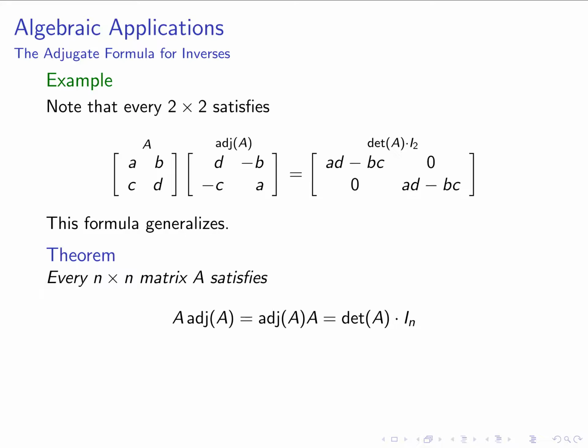Remember the notion of a non-singular matrix: a matrix that has an inverse. And inverses have the property that when we multiply a matrix by its inverse, we produce the identity matrix.